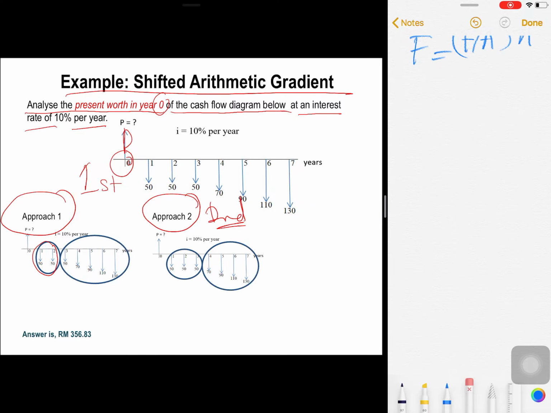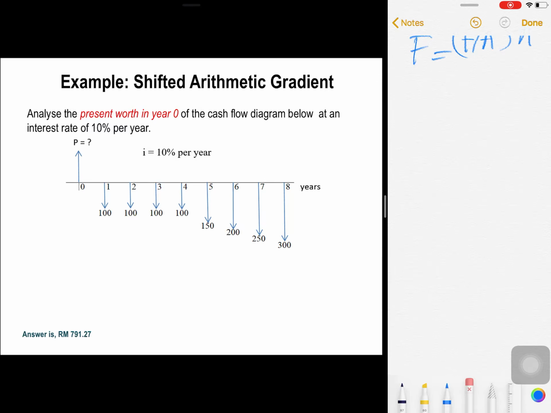First, you take the first two as the series, and then from n equals 3, you take it as the next series. Or you can also take the first 3 values as the first series and the next as the second series. Both ways work.